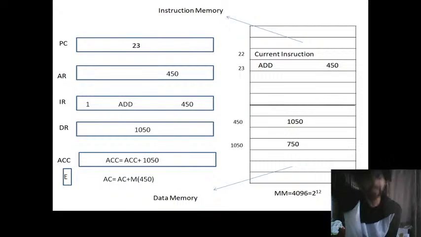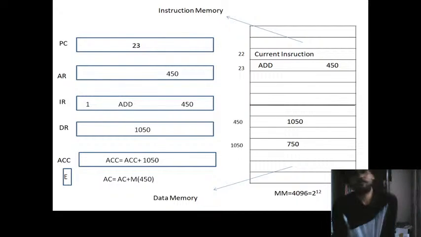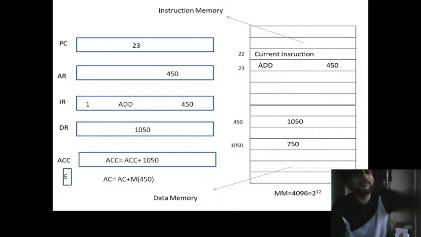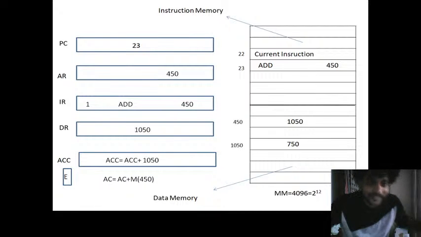Then let us take a 32-bit architecture. If you want to upgrade your processor from the single accumulator to a Celeron or Pentium processor, Pentium processors are 32-bit processors. At that time, the data register will be 32 bits and the accumulator is also 32 bits. At that time also there might be an overflow. When two 32-bit values are added, the result might be a 33-bit result.